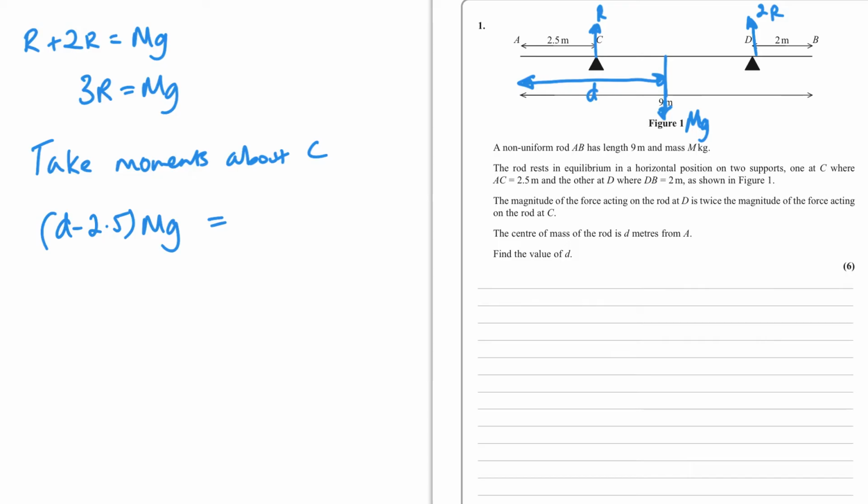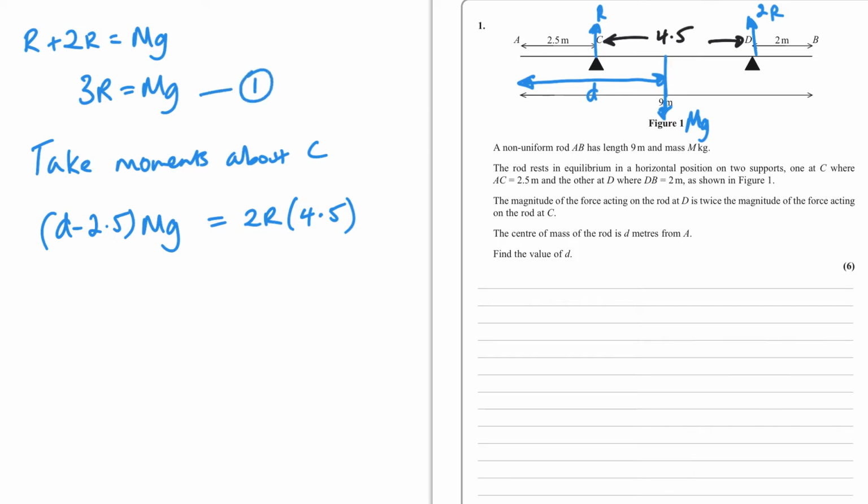And then for the other one, we need to work out this distance between C and D. And this distance is 4.5, because the total distance has to add up to 9. So we know that 2R times my 4.5 is then going in the other direction.